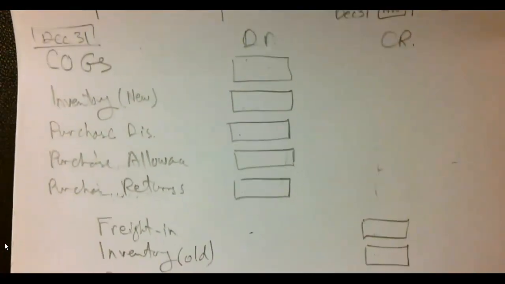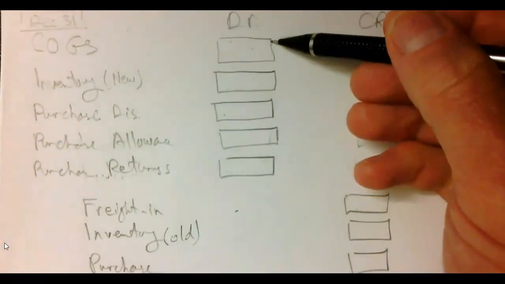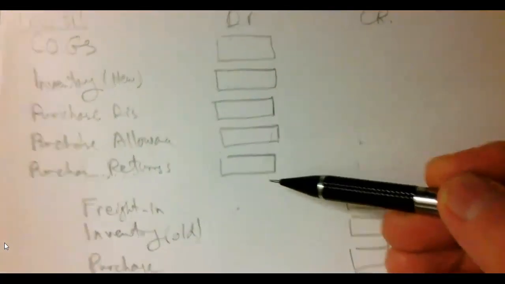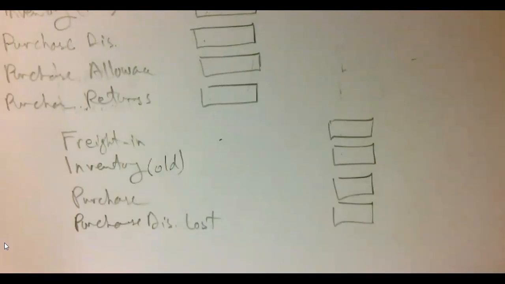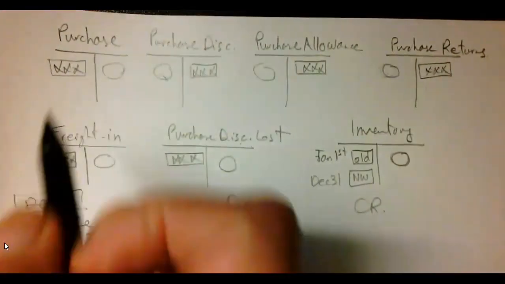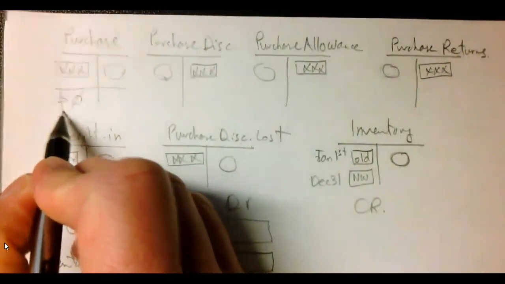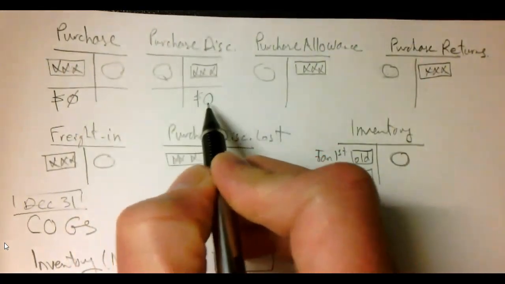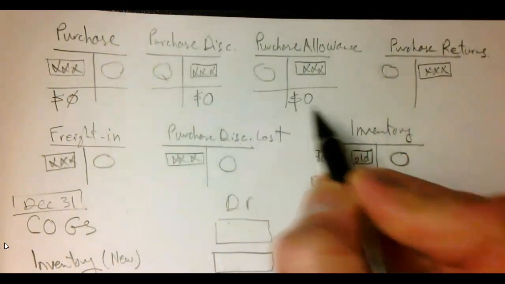Look at how long it is on December 31st. It goes from top, from cost of goods sold on December 31st, all the way debit, debit, debit, debit, credit, credit, credit, credit, and then you click save and you post it to the T accounts. By doing that, purchase T account will be $0. Purchase discount will be $0. Purchase allowance will be $0.